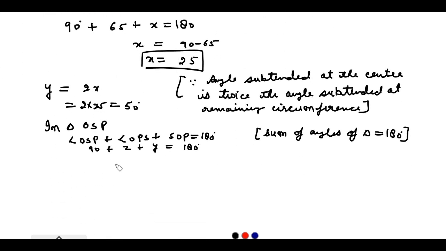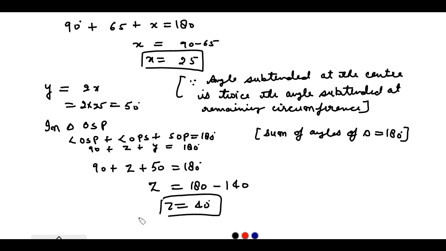Now y is 50 degree. Therefore, z is equal to 40 degree. X is equal to 25, y is equal to 50 and z is equal to 40.